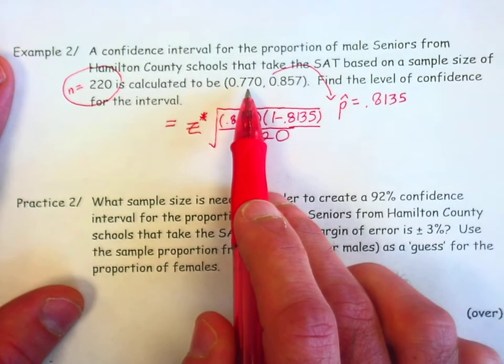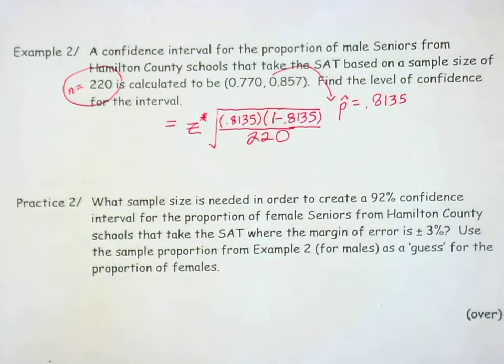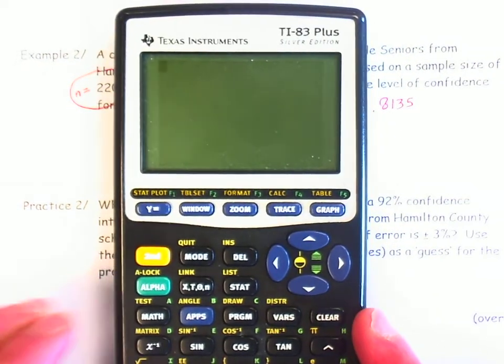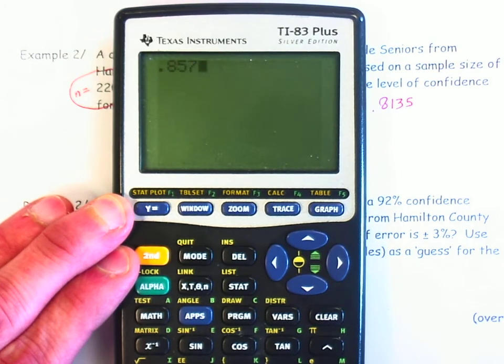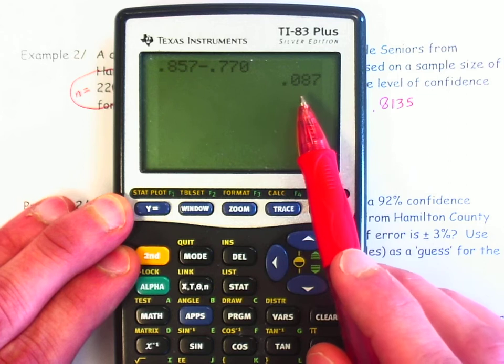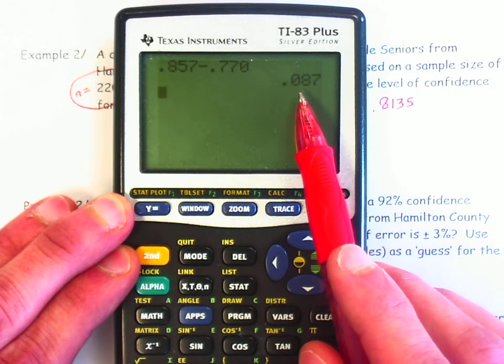So to find the margin of error, again, I can take the width of this confidence interval and divide by 2. Because remember, you add and subtract the margin of error to the sample statistic. So I can take the 0.857, and from that I can subtract the 0.770. So that tells me that this confidence interval is 8.7% wide.